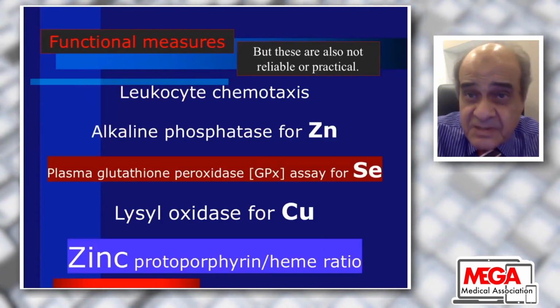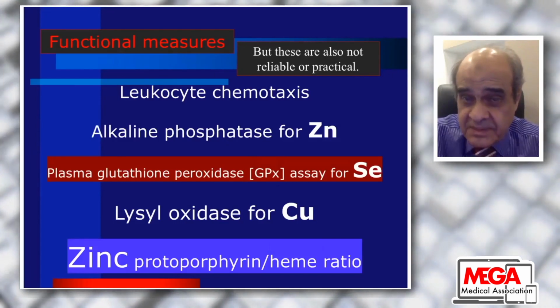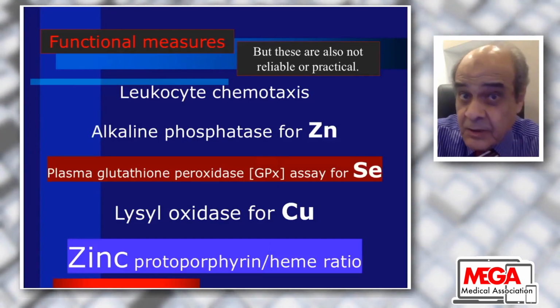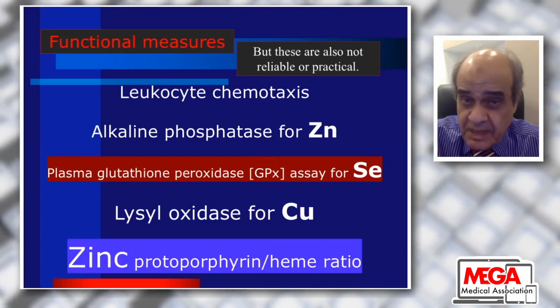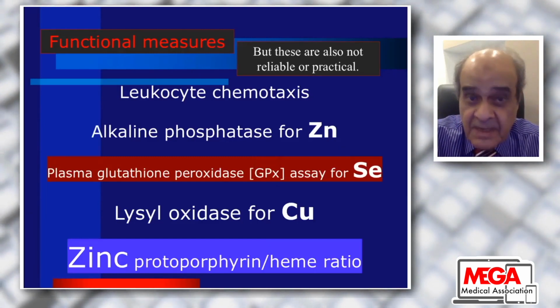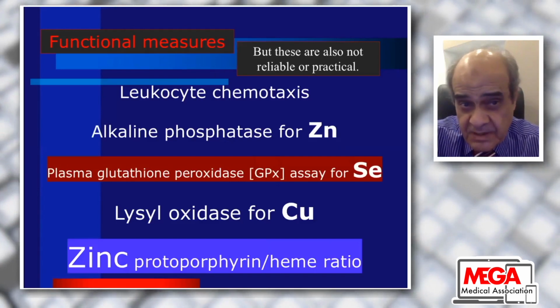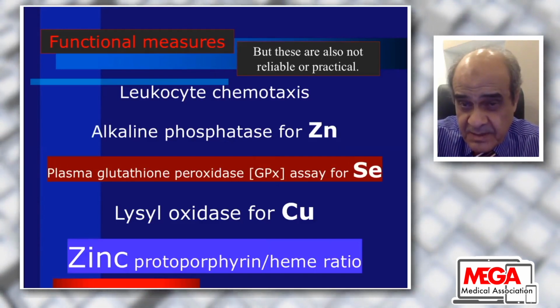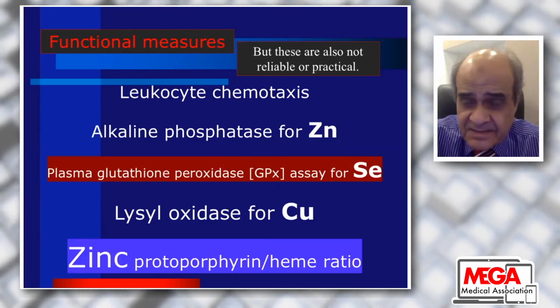Functional measures: we can depend on some enzyme systems in which the trace element participates, like leukocyte chemotaxis, like alkaline phosphatase, a metalloenzyme in which zinc participates and is very important. Plasma glutathione peroxidase assay for selenium: glutathione peroxidase is an important and mandatory enzyme for getting rid of oxidative radicals.